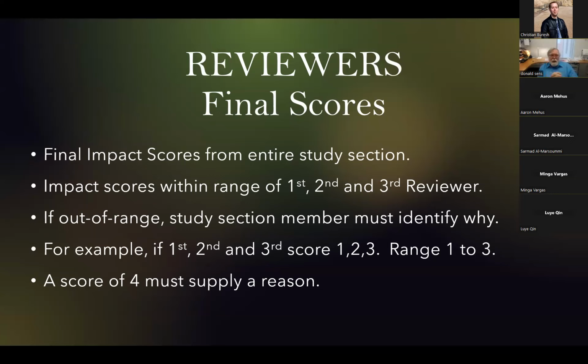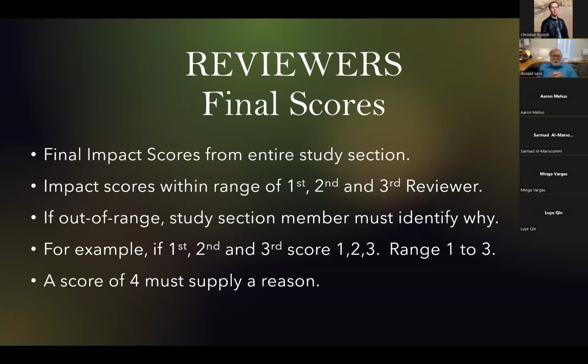So if you had your first, second, and third reviewer score the grant a 1, a 2, and a 3 respectively, everybody else on that study section has to stay within that range of 1 to 3, or if they are going to go to a different score, then they have to tell the study section, the SRO, which is the person from NIH that keeps track of everything for the study section, they have to state a reason and give a written explanation.